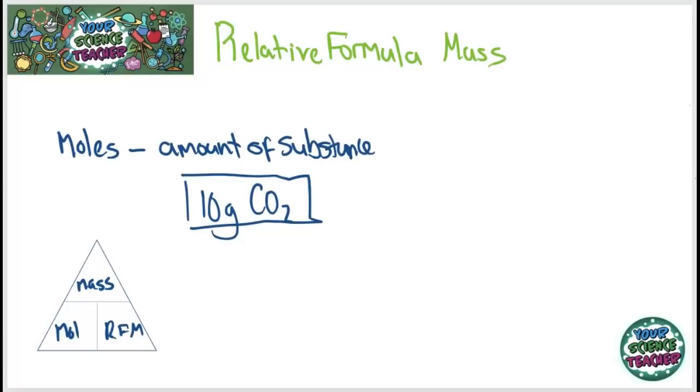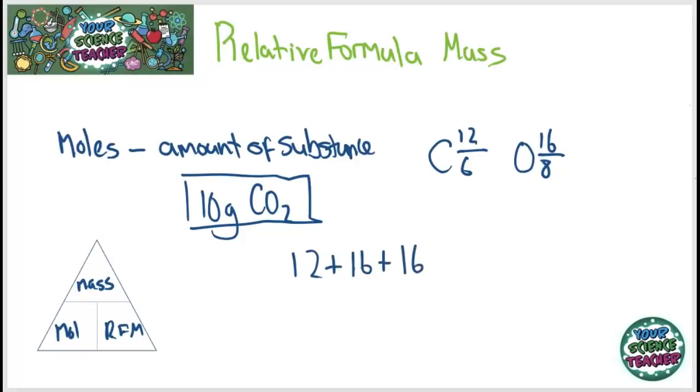So, firstly, I would work out the relative formula mass, and if you look in the periodic table, carbon has the numbers 6 for atomic number and 12 for atomic mass. Oxygen has 8 for the atomic number and 16 for the relative atomic mass. So if I add up these numbers, 12 plus 16 plus 16, I get an answer of 44 grams per mole, and this is my relative formula mass.